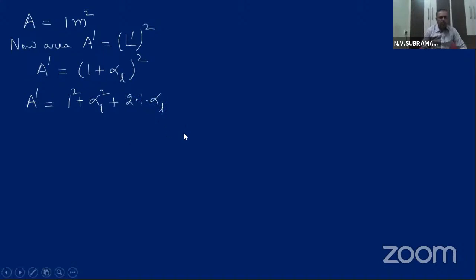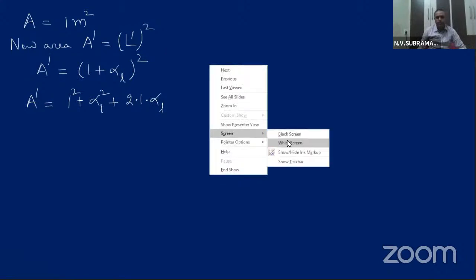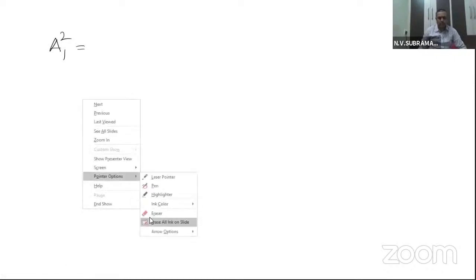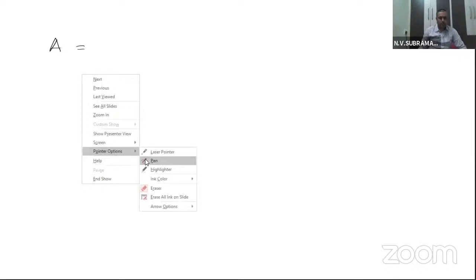Here I want to tell one important point, children. Very important point. I will take one blank screen and explain. Just hold on. We got A dash square, sorry, we are taking A dash. So A dash square is equal to L dash square.